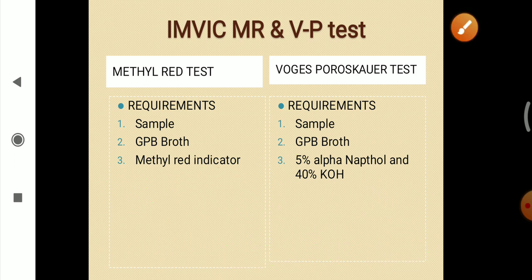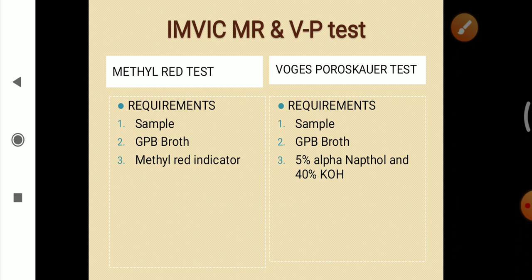To perform the methyl red test, first of all we will take the GPB broth. In that we will add our culture or a sample, and then we will incubate our tube in the incubator at 37 degrees Celsius for 24 hours. On the next day, we will take out our tube and add the methyl red indicator, around 4 to 5 drops, and we will observe the color change from yellow to red.